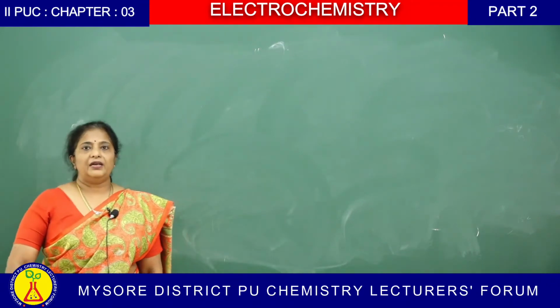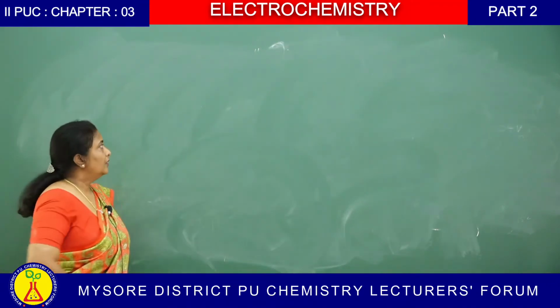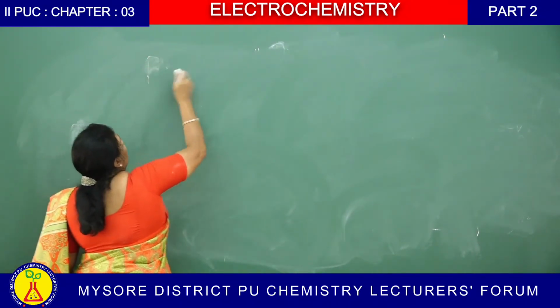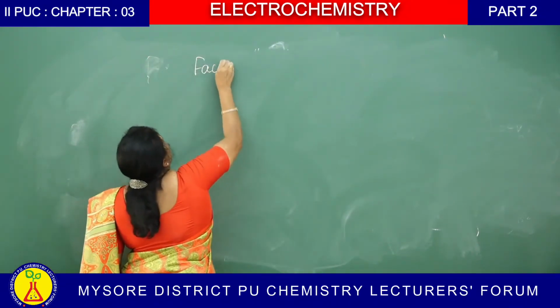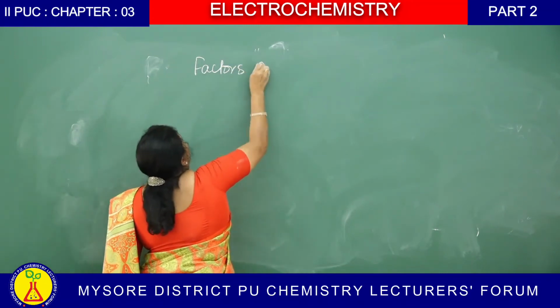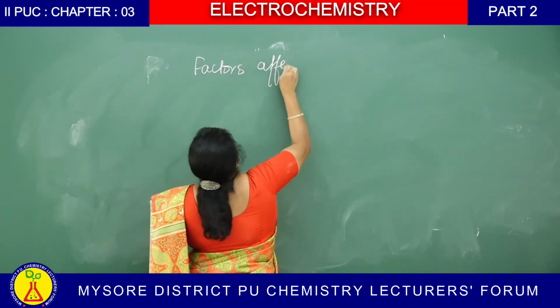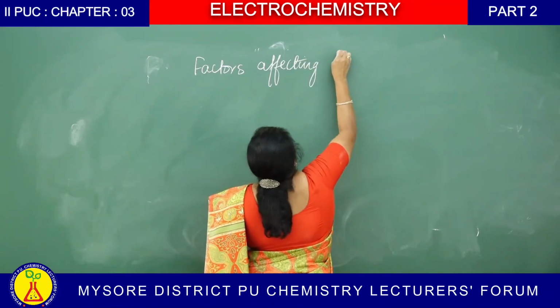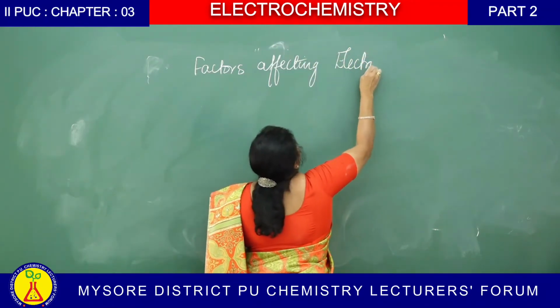So, the next part here is what are the factors affecting the electrode potential.